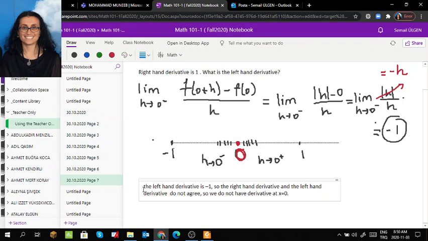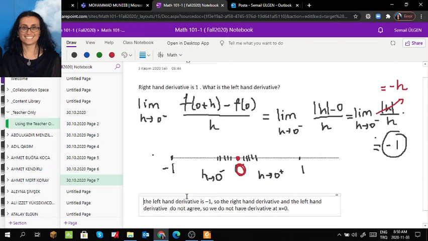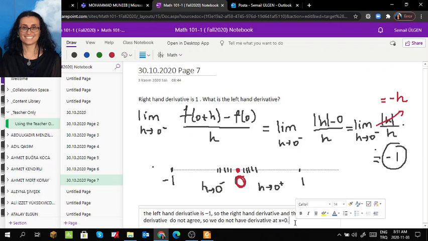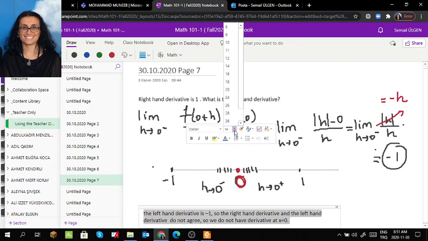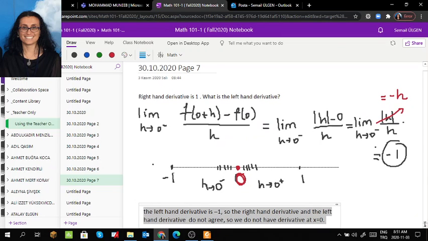So we say that since the left-hand derivative and the right-hand derivative don't agree, the derivative doesn't exist. Alright, so let's see. I can highlight this as well if I want.